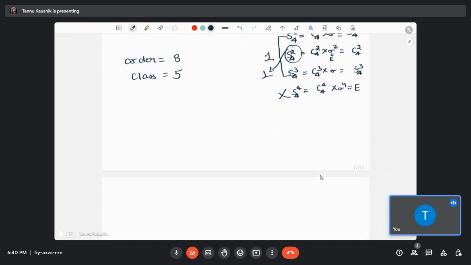So in this case, we will always have to look into the different classes being created by the S2n symmetry operation.